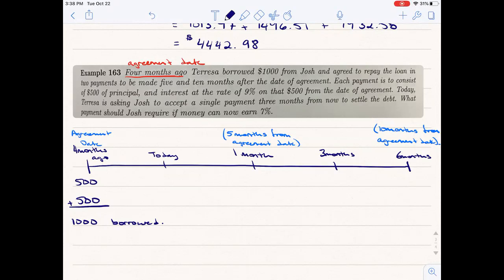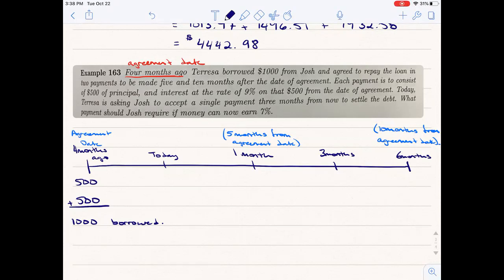More interest on this one than this one, because it has to go further. But then what she's saying is, no. Today, she says, actually, I'm going to pay these back. So instead of paying back here and here, I'm going to pay these both back 3 months from today. And that's how we're going to do these calculations.